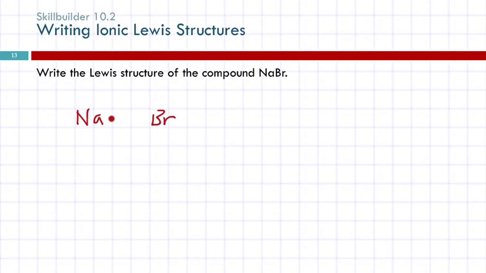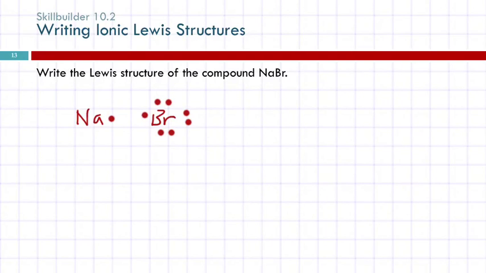So sodium has 1 valence electron, and bromine has 7. So these guys are going to cooperate and help each other out so that they can both have 8 valence electrons. The sodium is going to donate its electron to the bromine.